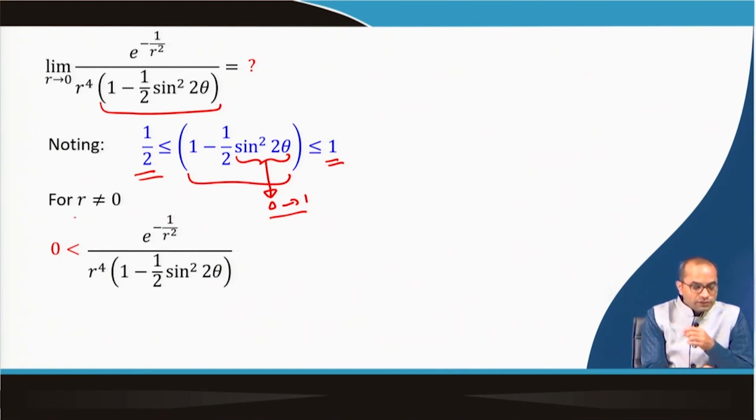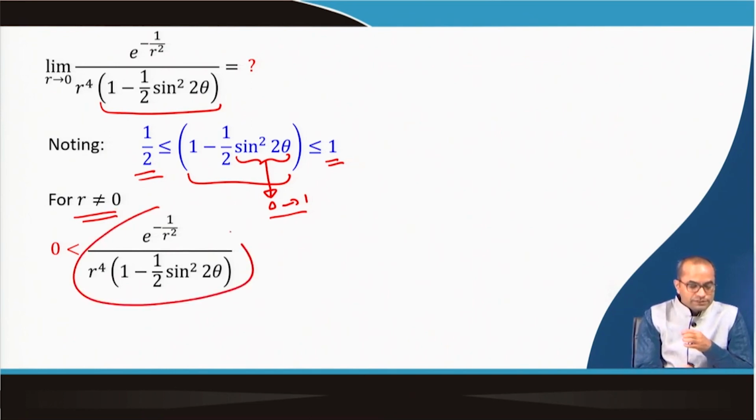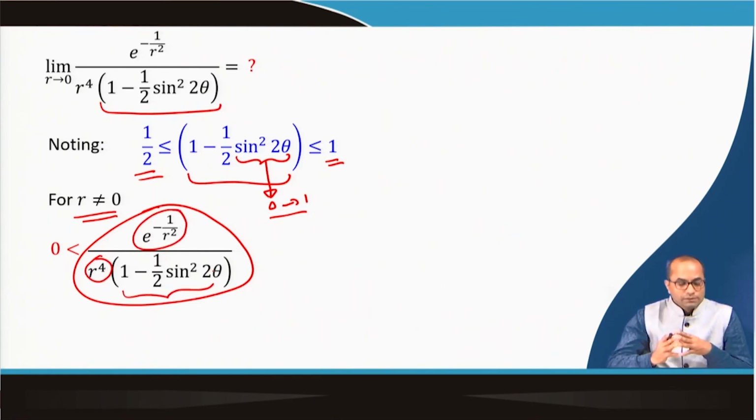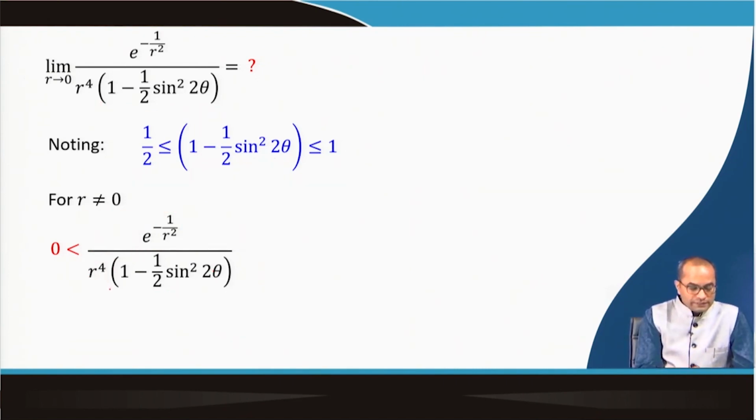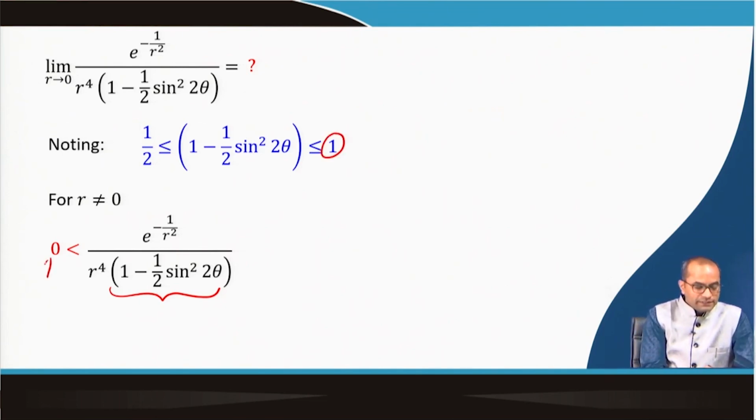So, for r not equal to 0, we can say that this term is positive, because we have a positive term here, here also a positive term, and this is also positive because it is more than half and less than 1. What else can we do? We can also take the maximum value of 1 over 1 minus half sin² 2θ, that is 1, and that can be replaced here in front in place of this 0.